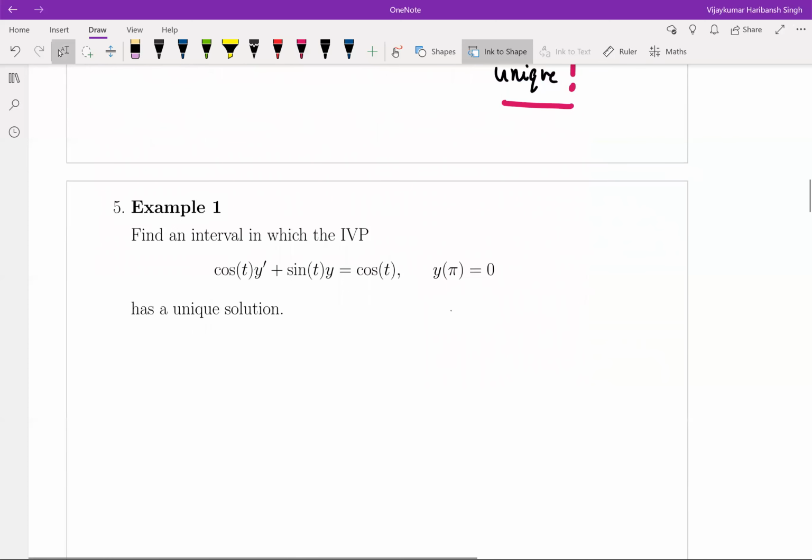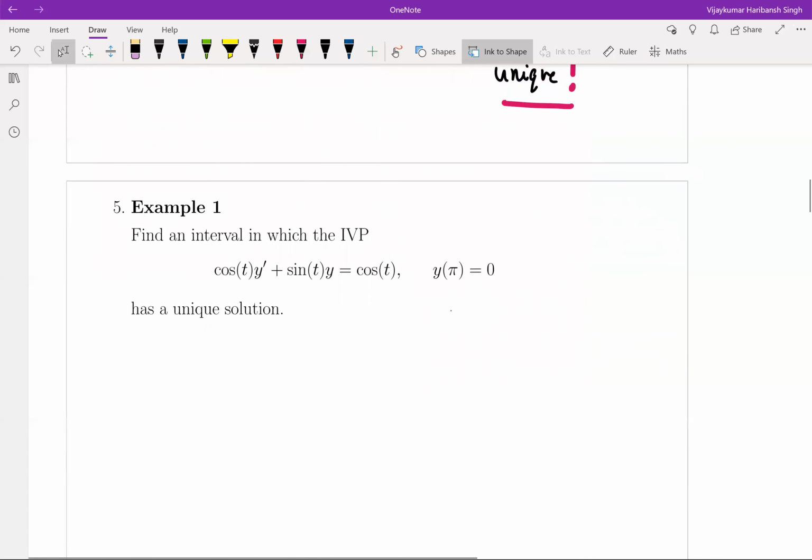What does that amount to? That would amount to dividing throughout by cos t. So we get y prime plus sine t over cos t equals cos t over cos t, which is 1.